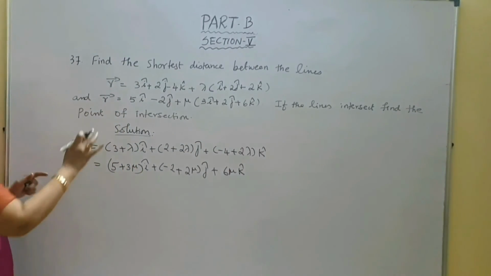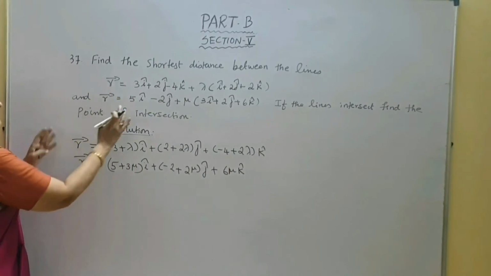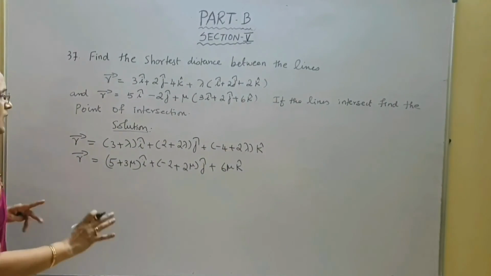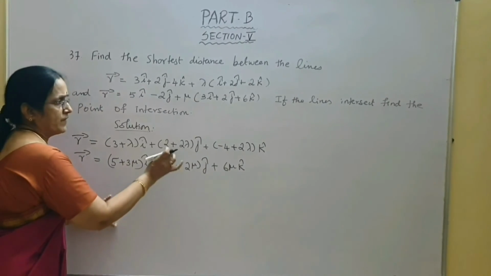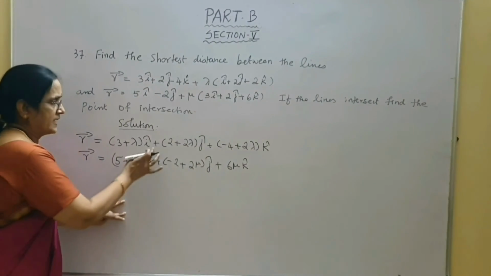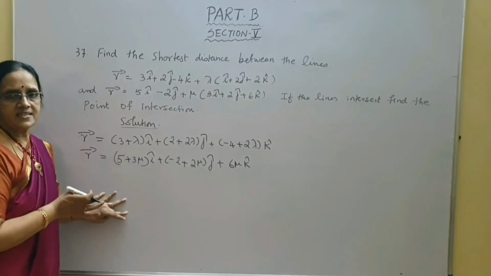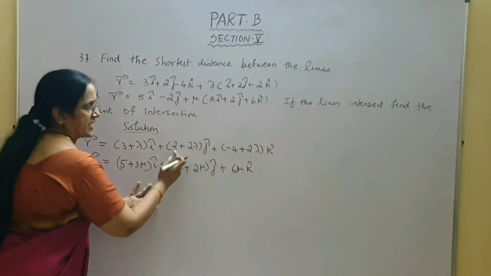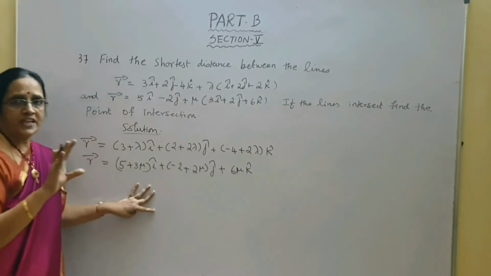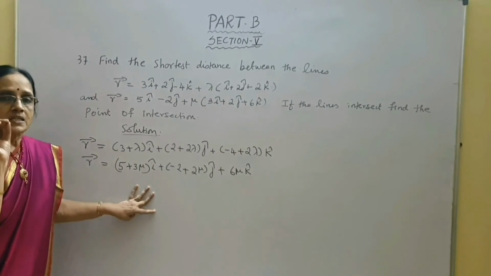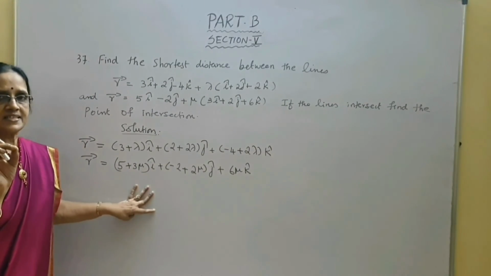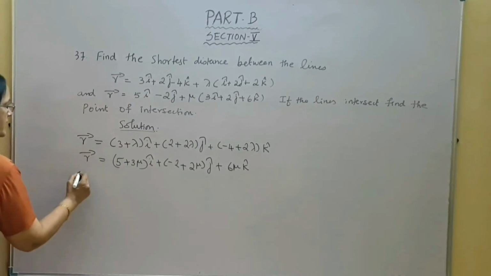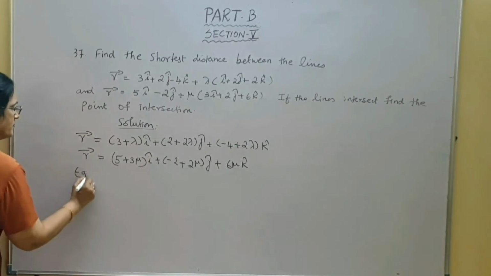What I have done here is, these are the two lines given to you, I am just collecting the like coefficients and writing it. That's all. Now, for a particular value of lambda and mu, let these two lines intersect. That means the coefficients of i cap, j cap and k cap should be the same. That will give you the point of intersection. So we can equate these two equations.